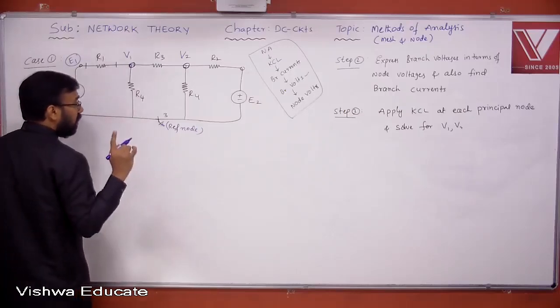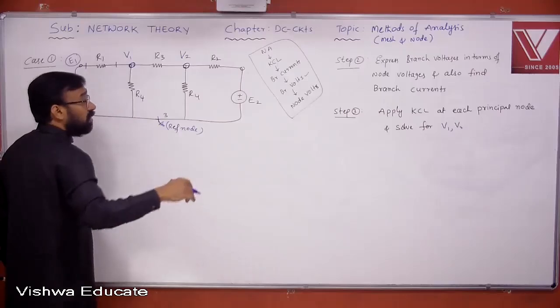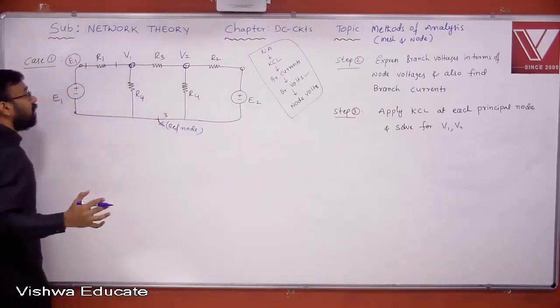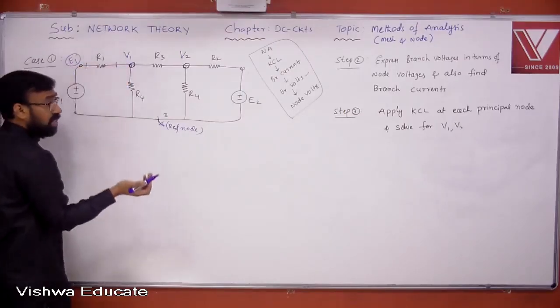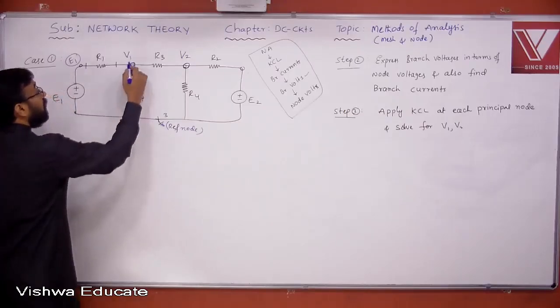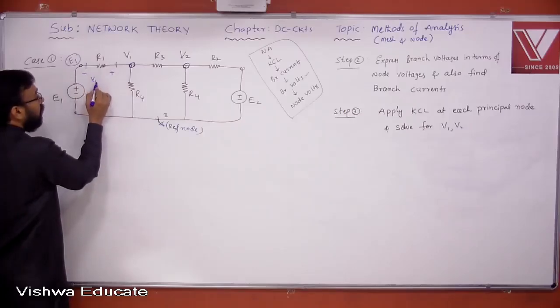Always express the voltage at a particular node with respect to the reference node. Otherwise, there is no meaning. There is no point at all. It doesn't make any sense otherwise. Now, what is the potential difference? Either E1 minus V1 or V1 minus E1. Anything is okay for us. That's not a problem. But what is your assumption? V1 is higher. Therefore, V1 minus E1.